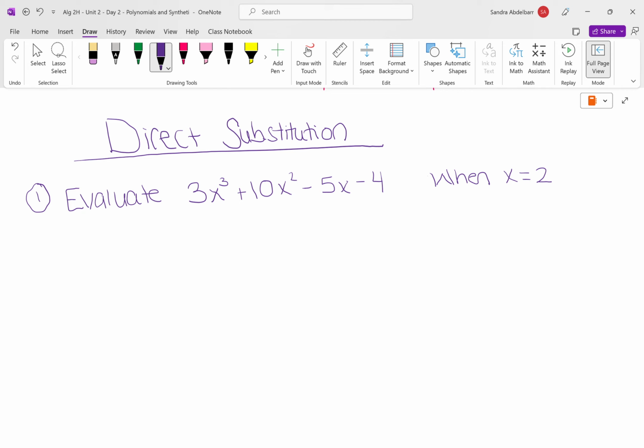It's something like this: evaluate 3x to the third plus 10x squared minus 5x minus 4 when x equals 2.